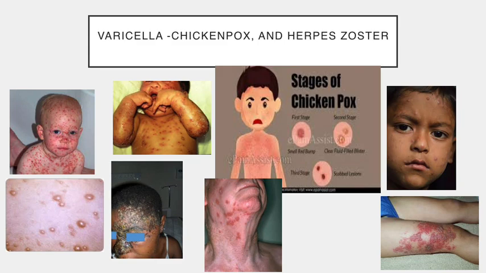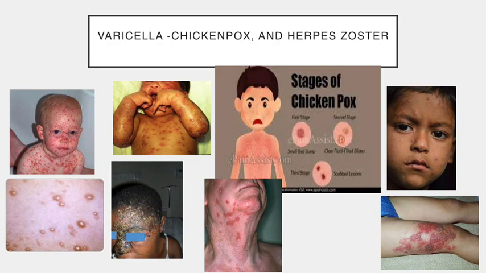These pictures here are very dramatic pictures, just to show you what it looks like. But you can see that they're small pus-filled with a red base, and they can be in varying stages of dryness as well. But there are also stages. The first stage might just be this small red bump, and people may mistake it for a pimple, for example, and then not realize they've had it.